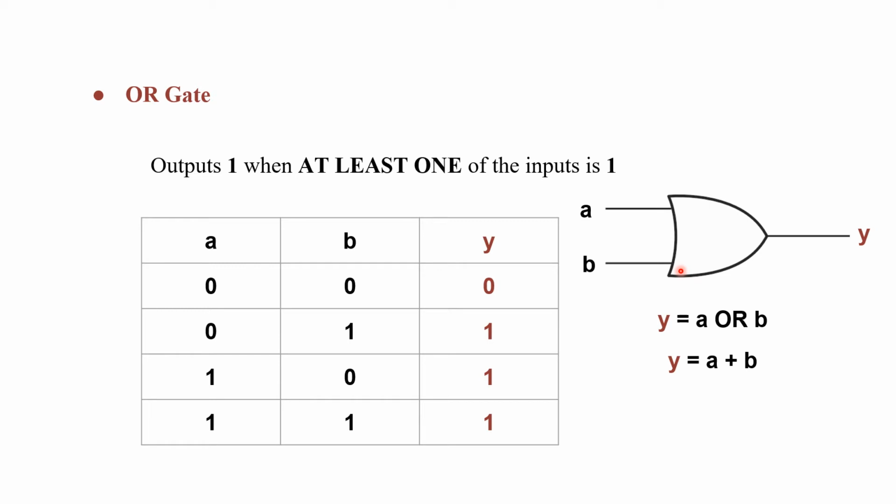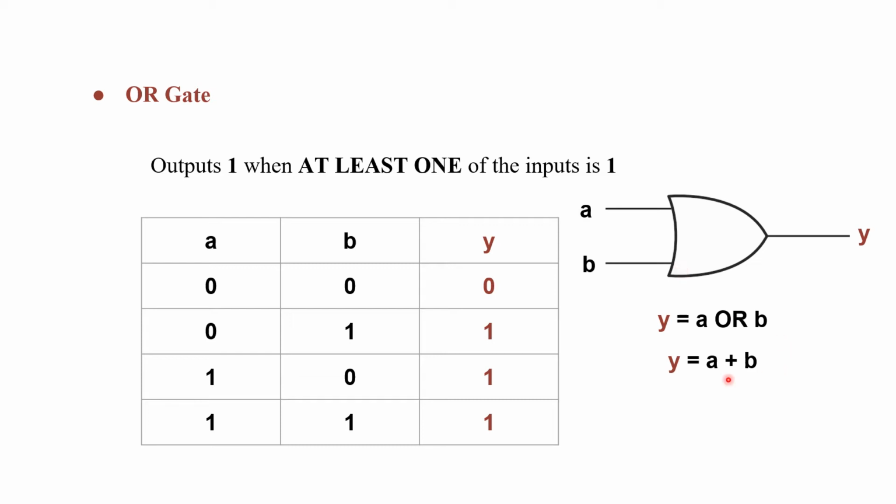We're going to output 1. When only one of the inputs is 1, we're going to output 1. If we have a 4-input OR gate and only 3 of the inputs are 1, then the output is 1. We can alternatively say that you will output 0 only when all the inputs are 0. Otherwise, you will output a 1. We can write this as a Boolean expression as Y is equal to A and then spell out the word OR and then B. Or you can use the addition symbol in math to represent ORing.